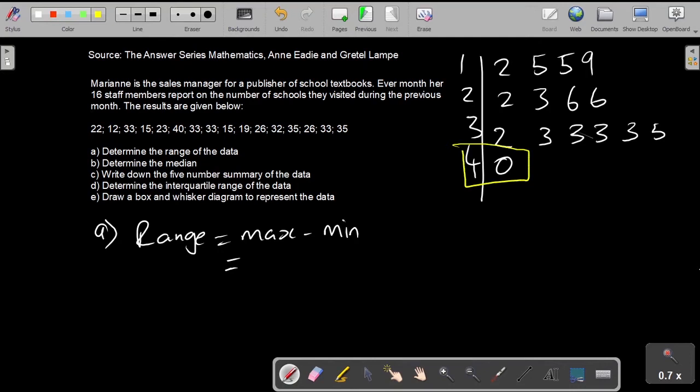It would be the last element, and that would be 40. The minimum element will be the very first element, and that would be 12. So all you have to do is subtract the two, and that will give you 28. That is the range, and that is how you'd answer the first question.